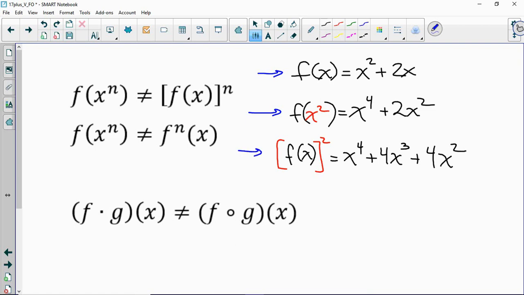Here's what happens when I take the function and multiply it by itself. Remember, we're doing x squared plus 2x times x squared plus 2x. So we're multiplying a binomial times a binomial and then combining the like terms. And it would be tempting to think that, oh, this is affecting the x, so this should be some sort of a horizontal change, whereas here the square is affecting the f of x, so that should be some sort of a vertical change, since that's what we saw with the structure of function transformations.